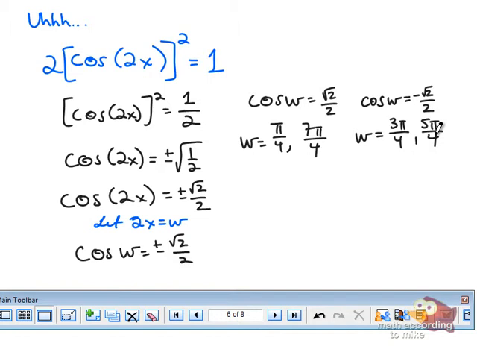But we did not start with w. What do we start with? 2x. So 2x would equal pi over 4 plus what? Now keep in mind, all of these 4 answers are related because they all differ by how much?